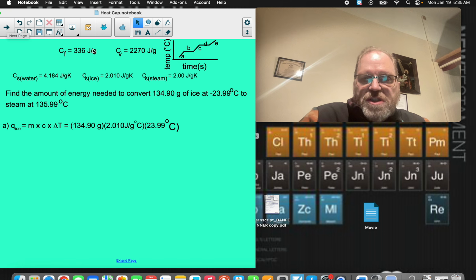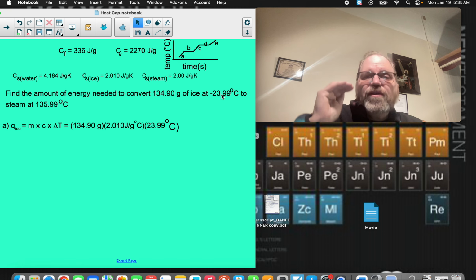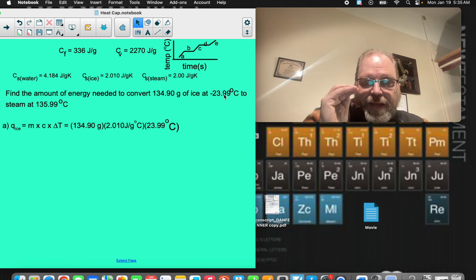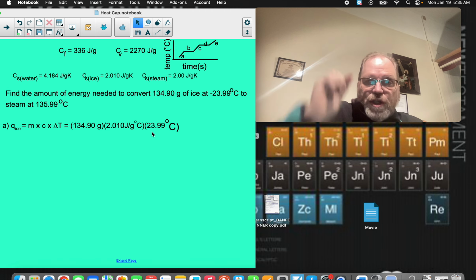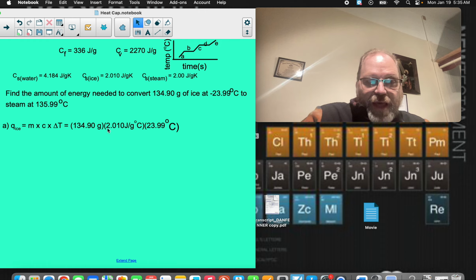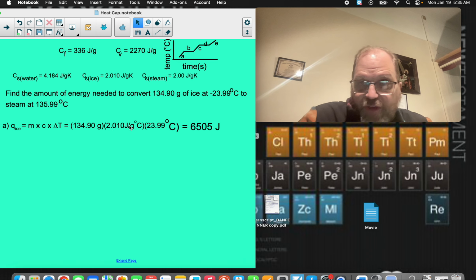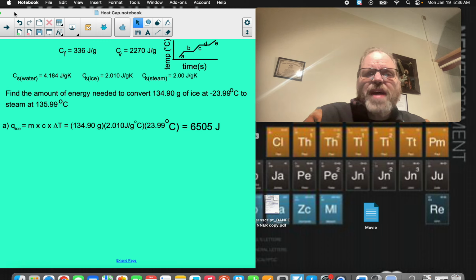For delta T, we started at negative 23.99 degrees Celsius and went to 0, so that change is 23.99. We have 134.90 times 2.010 joules per gram degree Celsius times 23.99. We get 6,505 joules. We have 5 sig figs, and 4 sig figs, so the answer is 6,505 joules.